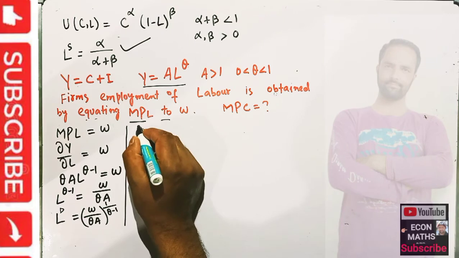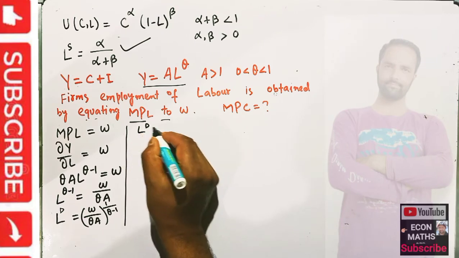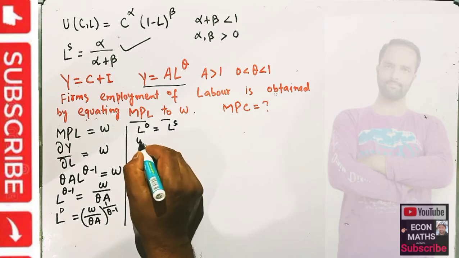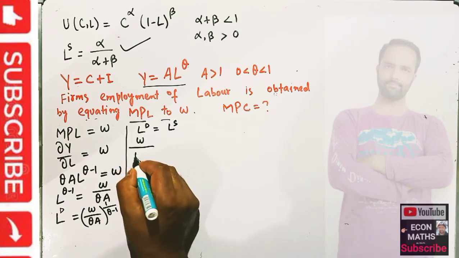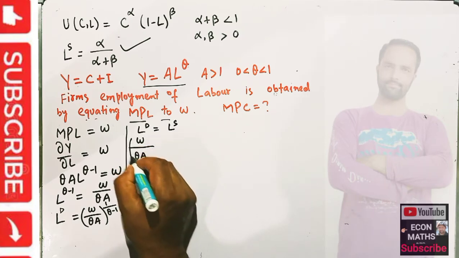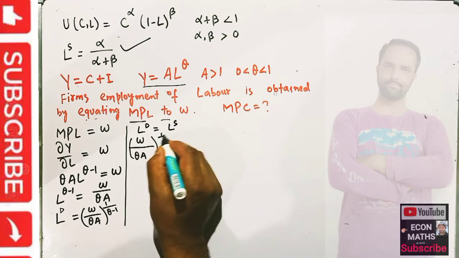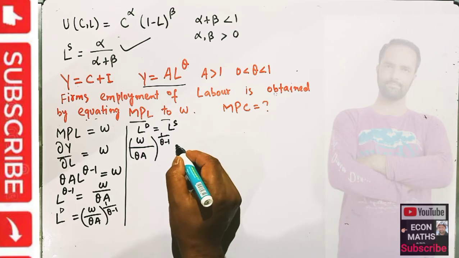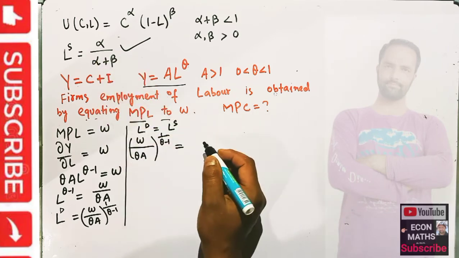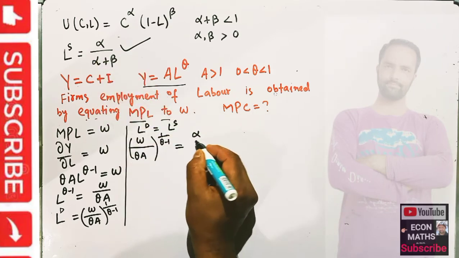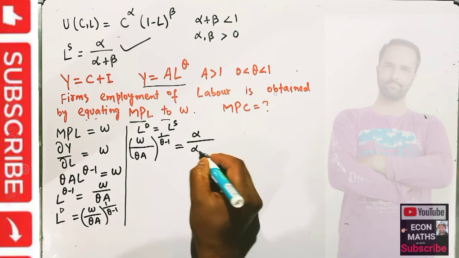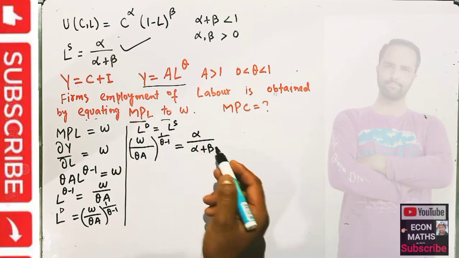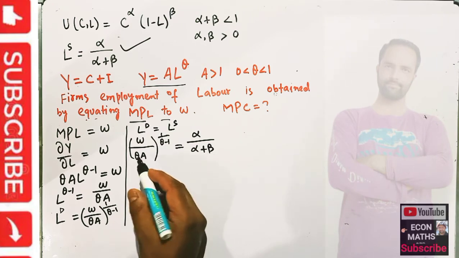So this is our labor demand, this is our labor supply, which we calculated in the earlier video. Now let's equate labor demand with labor supply. So this is our labor demand, w upon theta A raised to the power 1 upon theta minus 1, is equal to labor supply, which is alpha upon alpha plus beta, which we calculated in the earlier video. Now let's solve this for wage rate.